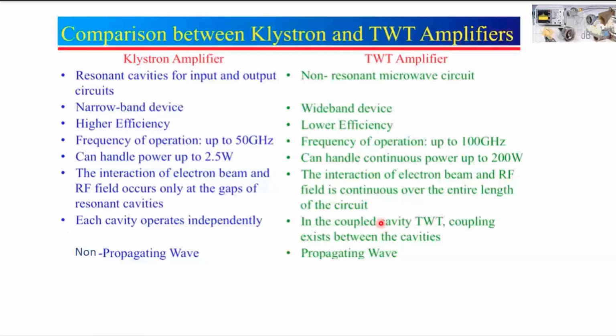Here you have coupled cavity TWT, where slow wave structures are present, and in this you have cavities. In klystron there is no propagating wave, but here the waves will be propagating because continuous interaction between electrons and the RF electromagnetic wave is taking place. So this is all about the difference between klystron and TWT amplifier.